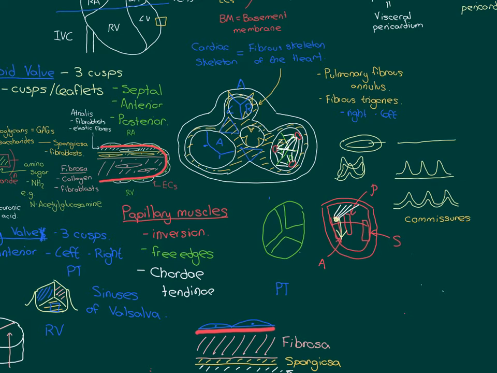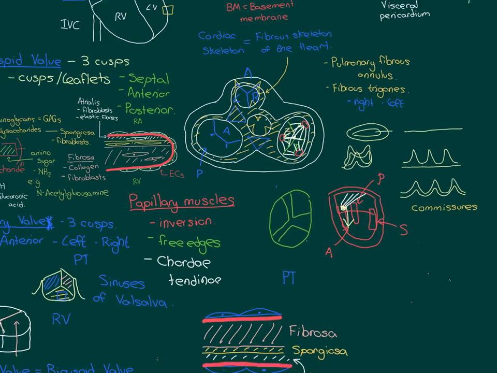So there are little cuts in between these three separate parts of the posterior cusp. So all of this is the posterior cusp of the mitral valve. However, there are little cuts there, separating it up into three separate bits. One here, and one here. And these are called the scallops of the posterior cusp of the mitral valve.